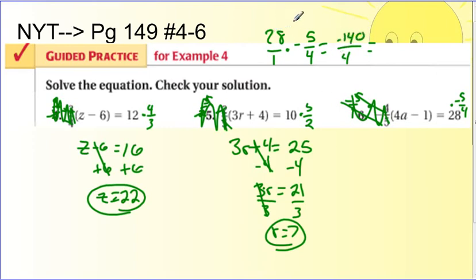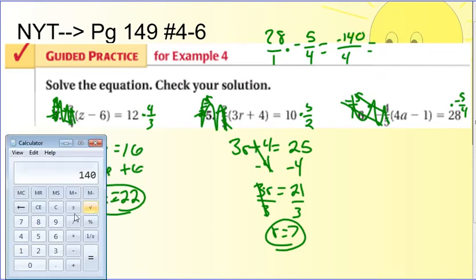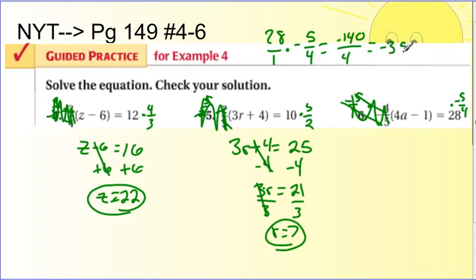I did 25 times 5. Now, when I divide by 4, 140 divided by 4 does work out, so that's 35. So the math is there, the answer is there.